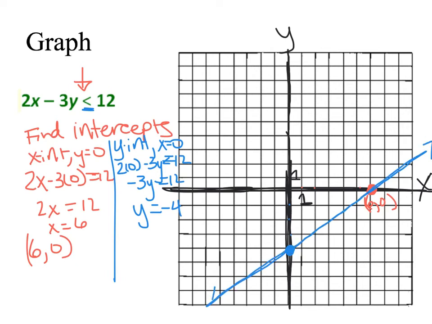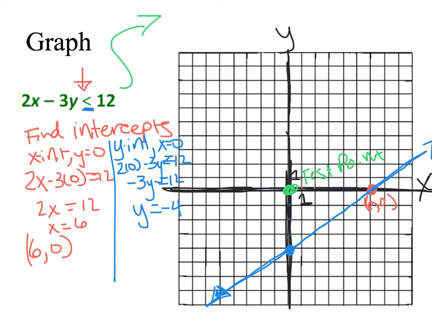So this is my boundary line for my inequality, but an inequality should always have shading. So I am going to use a test point, and because my line does not go through 0, 0, I'm going to use 0, 0 as my test point. So basically, do I shade above this line or below this line?